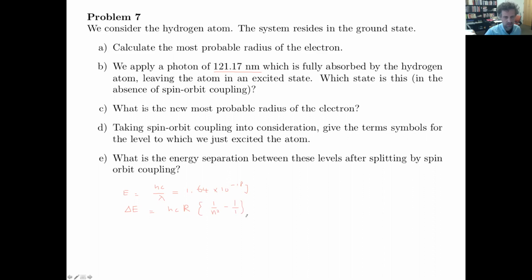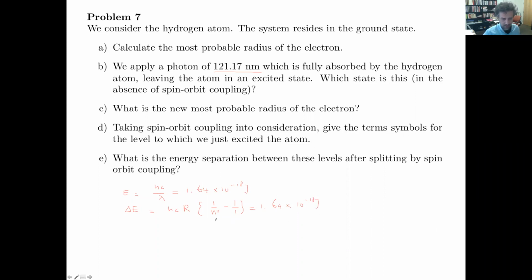So this is my expression that I have to solve. I know what h is, I know what c is, I know what R is, okay? And this energy difference then must equal the energy of the photon, which I just computed. Okay, so that's it.